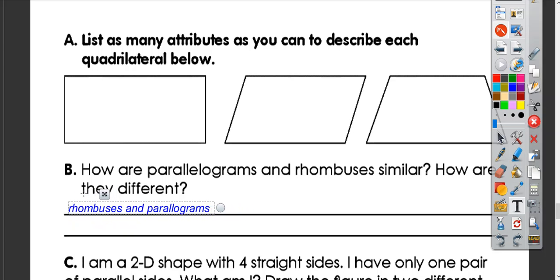They have 2 pairs of parallel sides and the opposite angles are equal.